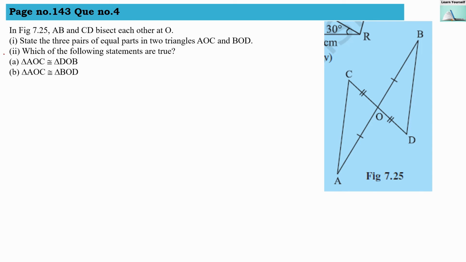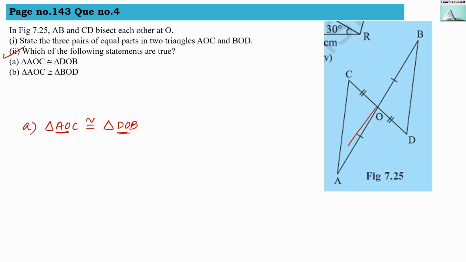Now our second question, which of the following statements are true? Let us check the first statement, that triangle AOC is in congruence with triangle DOB. Let us check whether this side AO is corresponding to DO or not.